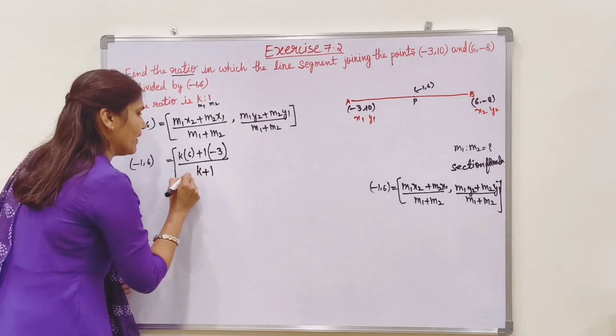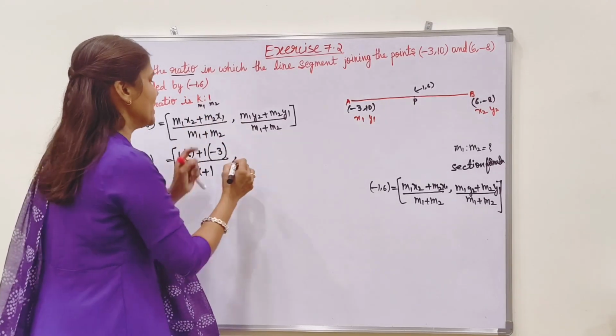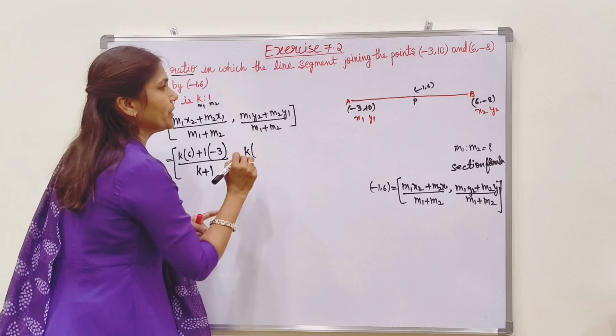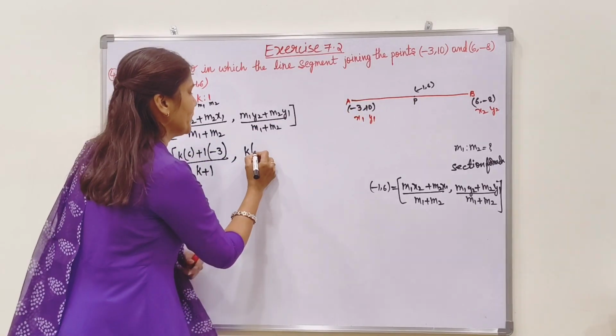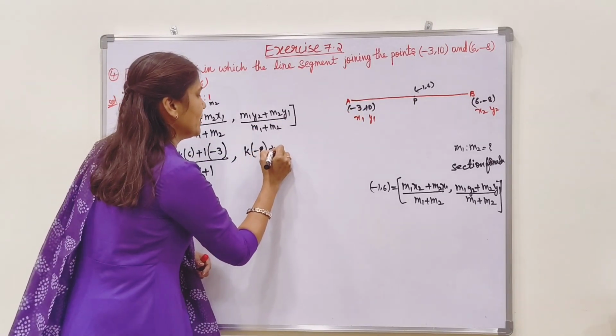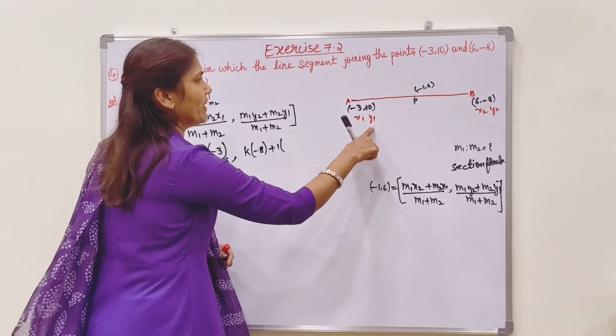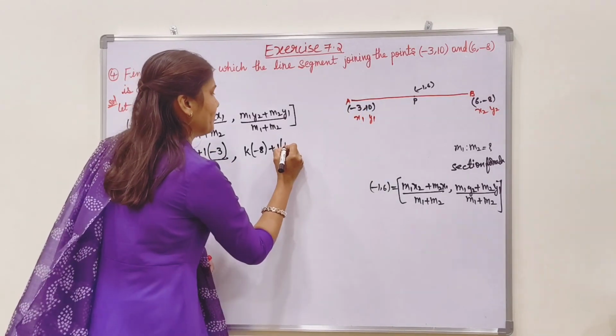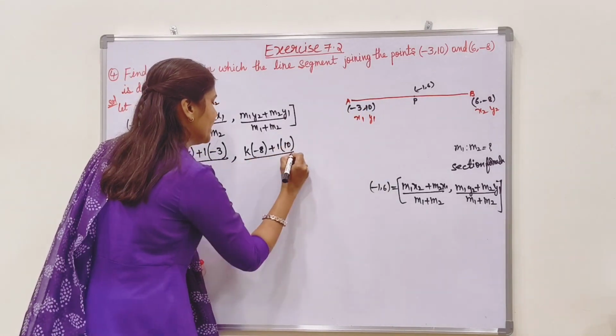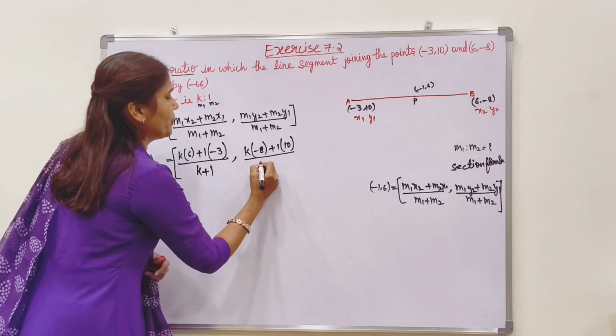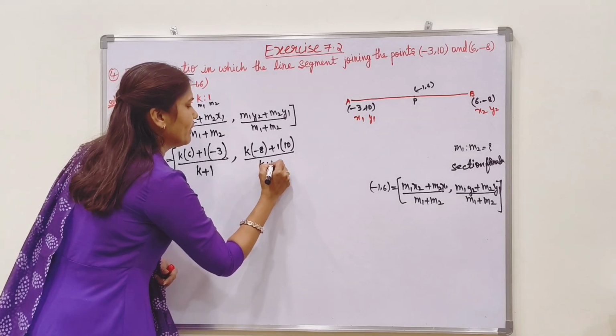Next, K into -8 plus 1 into 10, divided by K plus 1.